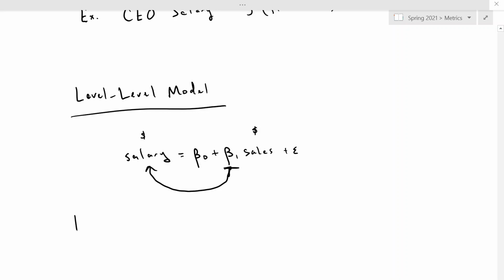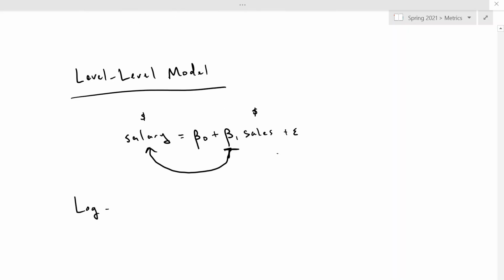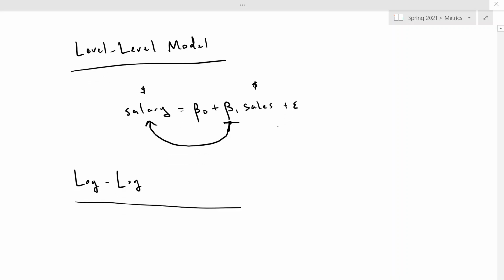Okay, but especially for numbers that are going to be super big, with huge sales numbers, maybe in millions or billions, and maybe even hundreds of thousands or millions in salaries, it might be nicer to interpret these as elasticities or as percentages. And we can do that with a log model.